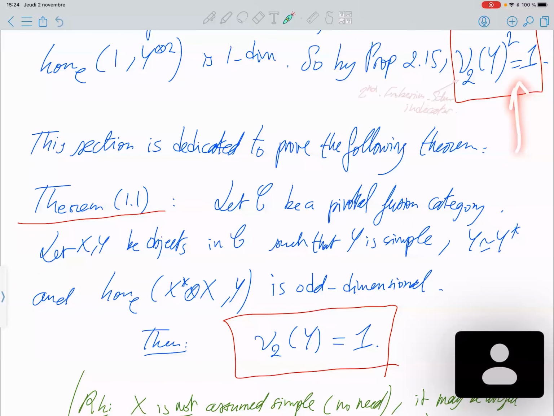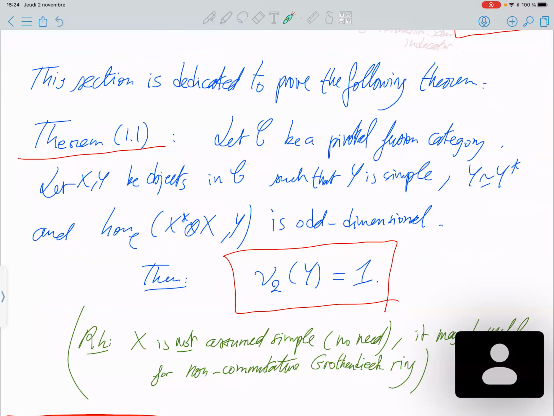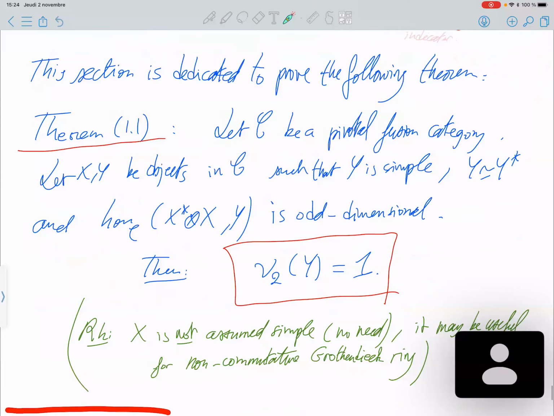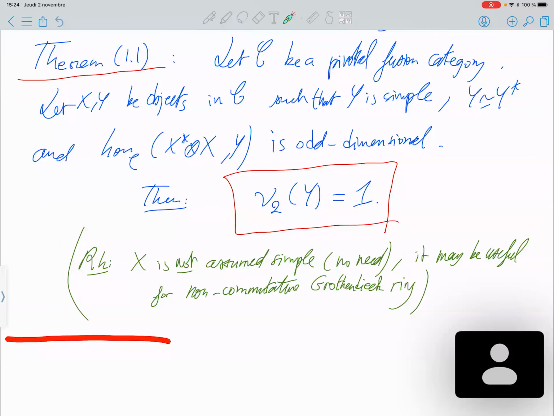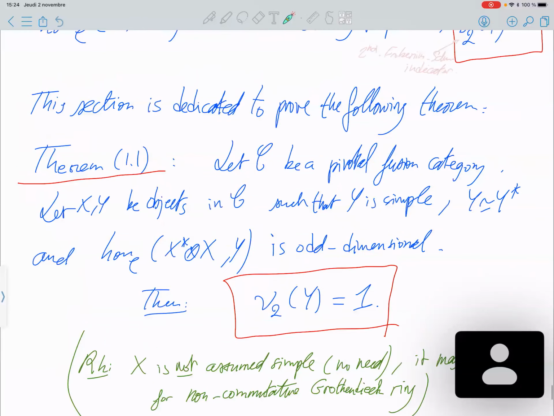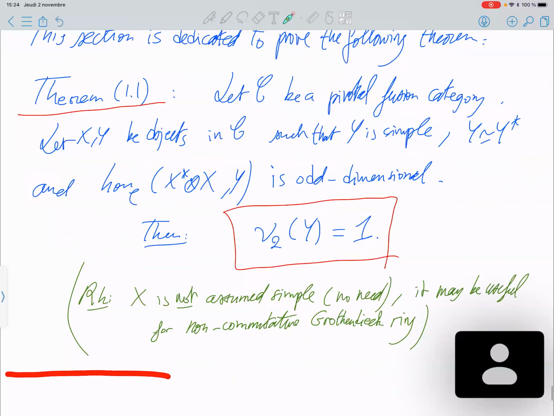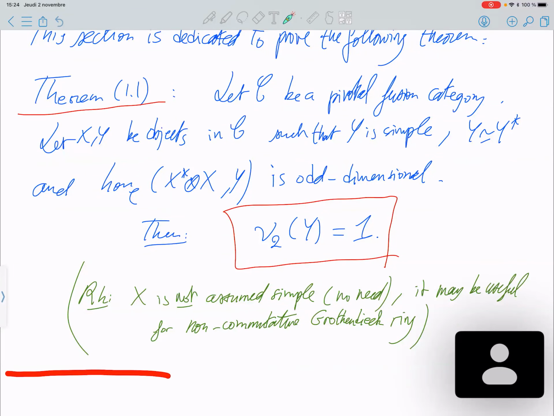Here we said it can be 1 or minus 1, but this forces it to be 1. So that's very useful, in fact. And we will see an example when this is even dimensional and this is minus 1. So this cannot be extended in general.